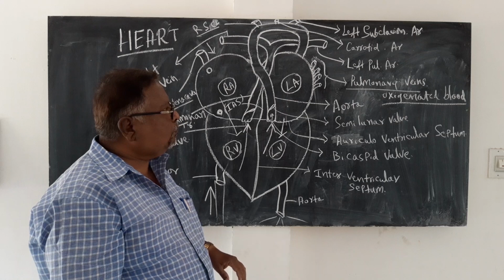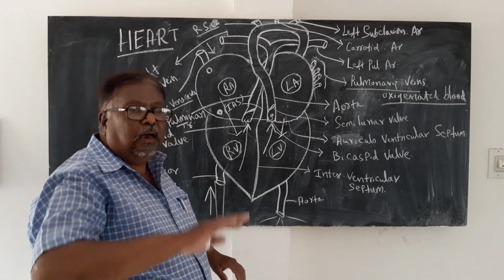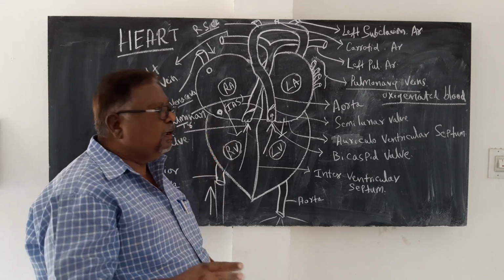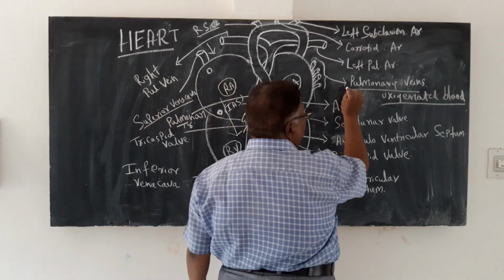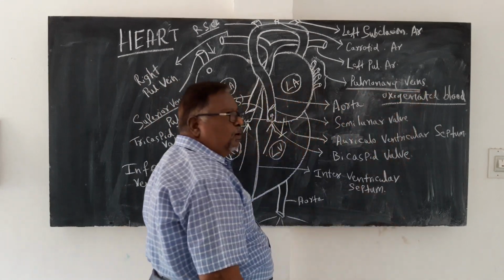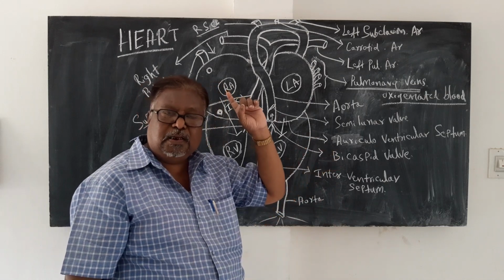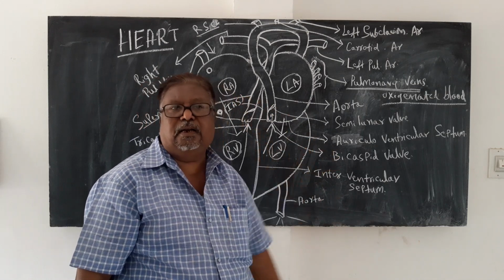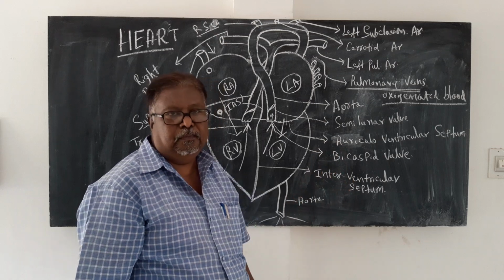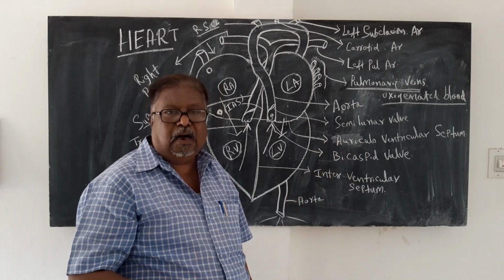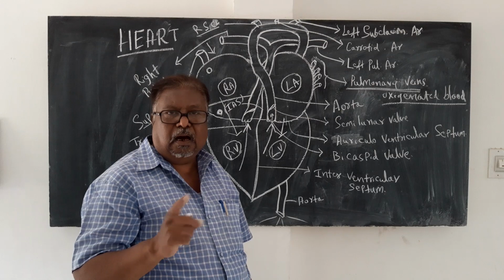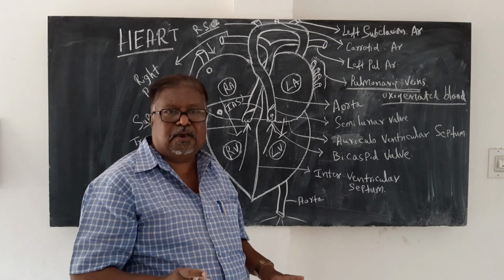Now, the oxygenated blood is brought by the pulmonary veins. I have already told you, this is a vein, but it brings the oxygenated blood. This is also an exception here. In the heart, the vessels are arteries and veins, and they are exceptional here.